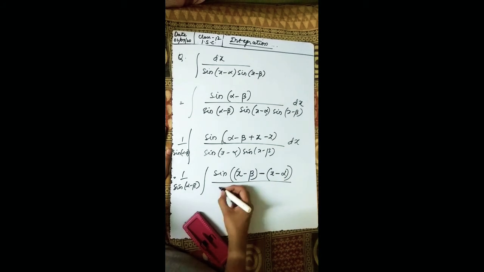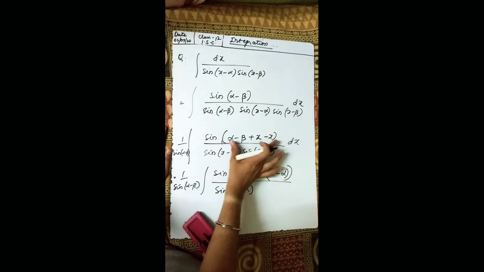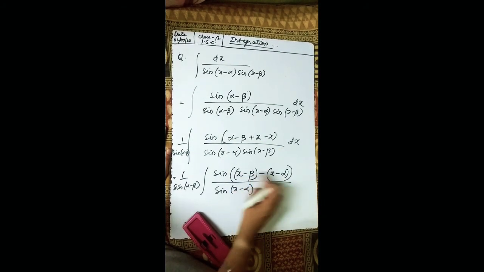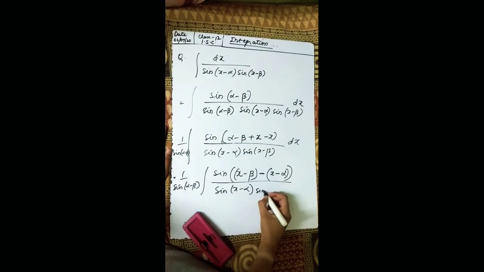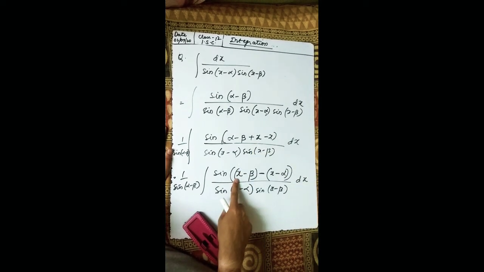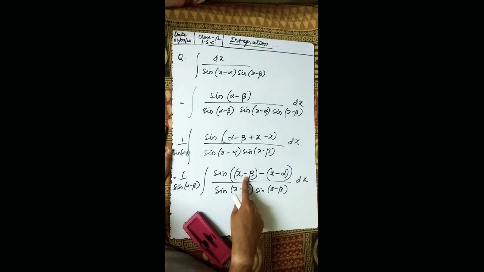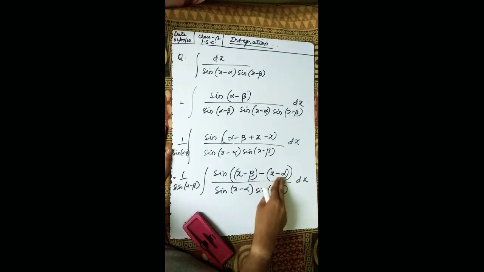Will it be like that? If you haven't understood from here to here, just multiply this and see whether you are getting this step or not. Or else let me repeat: x here, minus beta here. From minus x plus alpha, taking minus common, so x minus alpha.